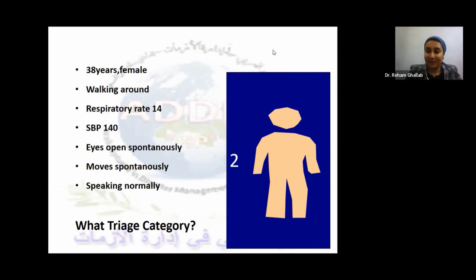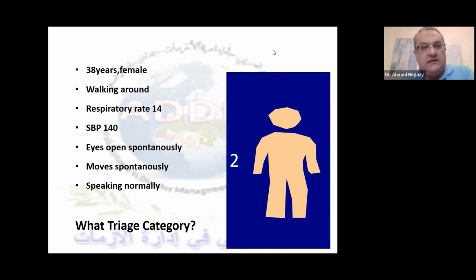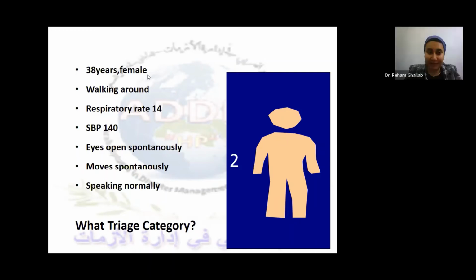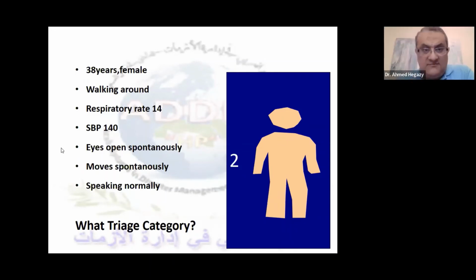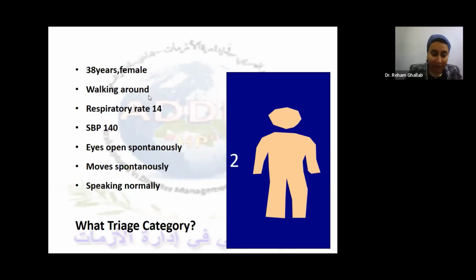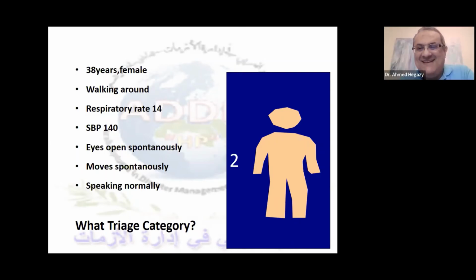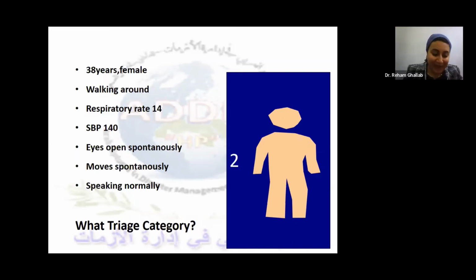Okay. Next again, we will start with Glasgow, and then the XYZ triage. The patient is walking, which is good. So motor will have a 6.